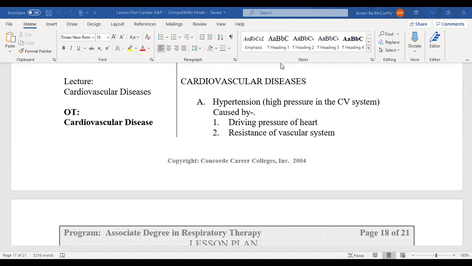Now, a quick review. Everybody look on the board, even though they're at home. Blood returns to the body via the superior and inferior what? Vena cava. Dumps into the right atrium, goes through the tricuspid valve into the right ventricle.